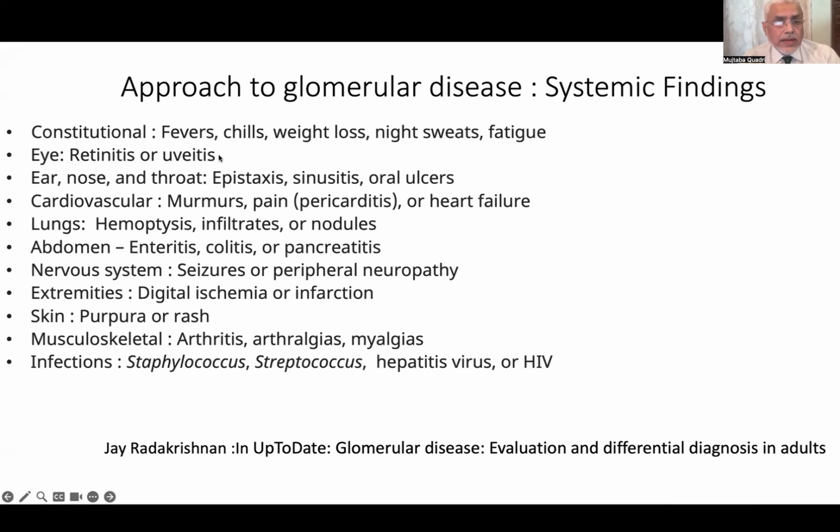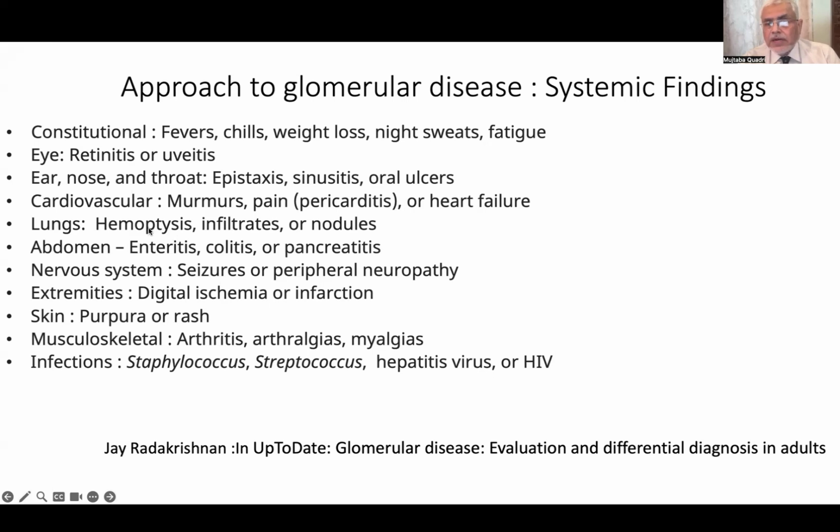bacterial endocarditis. Likewise, epistaxis, sinusitis would be very highly suggestive of some of those, like giant cell polyangiitis, oral ulcers of lupus. Similarly, cardiovascular murmurs in endocarditis, or in lupus, and you can also have pericarditis with lupus.